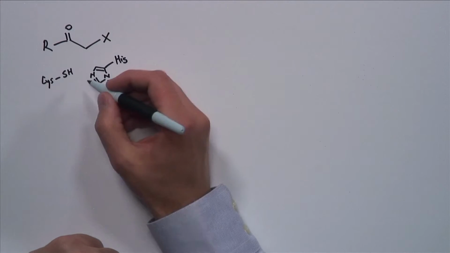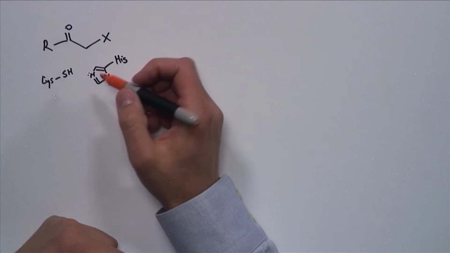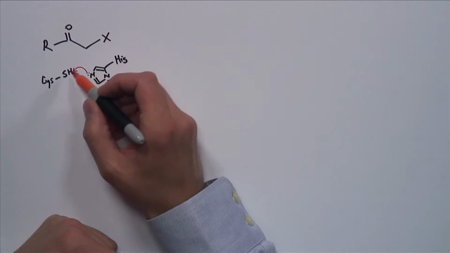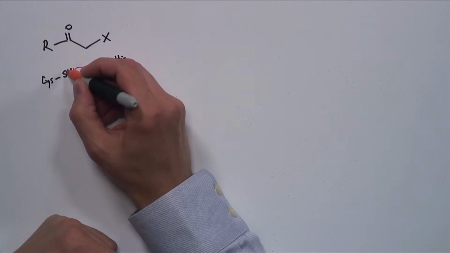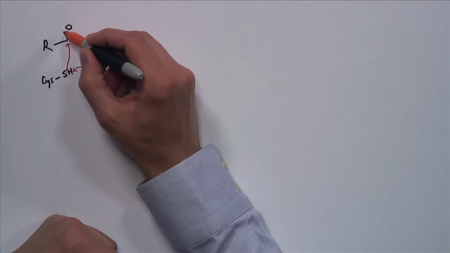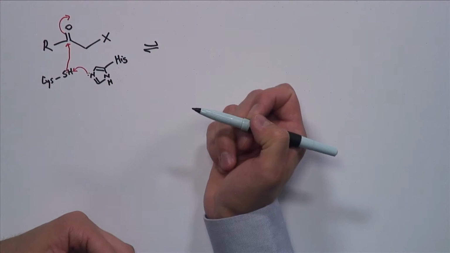Histidine. All right. So, as we saw before, the reaction will start by the histidine acting as a general base to deprotonate the cysteine, which then can attack the ketone carbonyl. This leads to the formation of a tetrahedral intermediate.